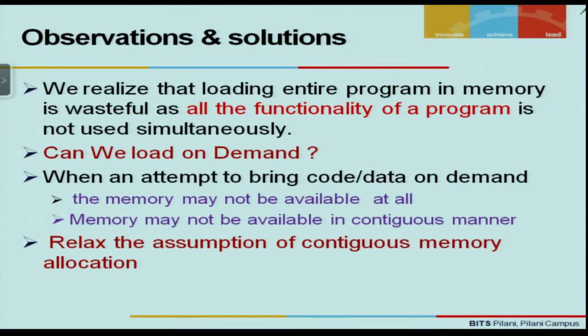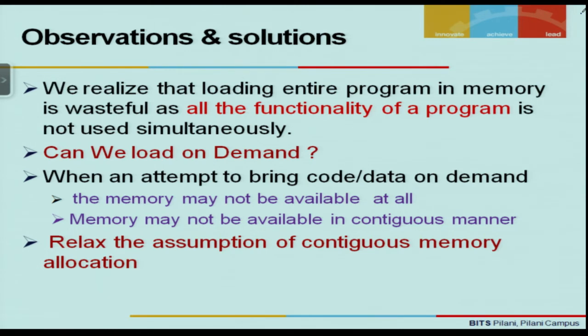So entire memory was allocated to the process, whereas in the second approach we are trying to allocate only that much memory which is required by the process. So when the process makes a request, it is possible that that much memory is not available. We would need to handle what happens in such a case.